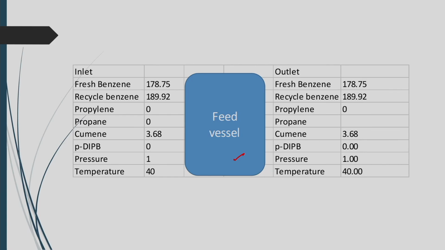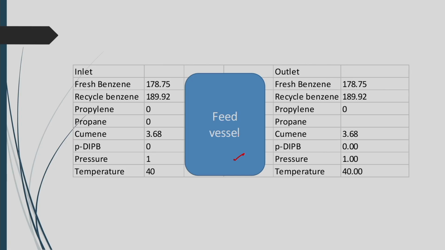So, what are the different components? First of all, we have to know that there may be fresh benzene, recycled benzene, propylene, propane, cumene, para diisopropyl benzene, and what is the pressure and temperature. Now, all those components are to be considered for all the equipment individually.